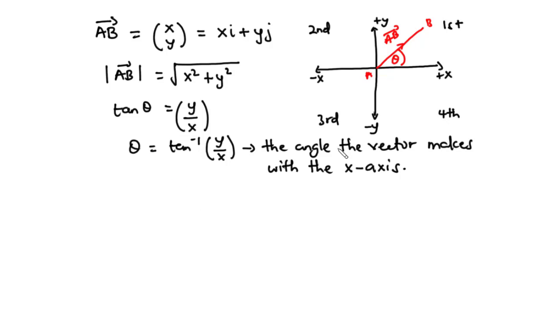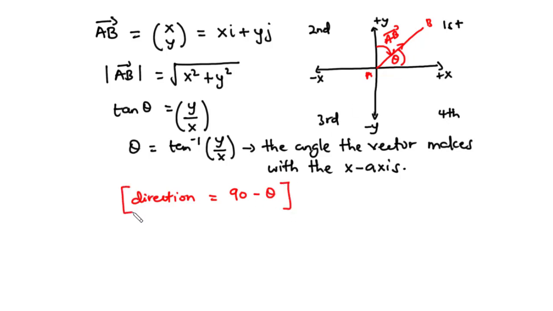Now to find the direction, we take the bearing from the north, that is the positive y-axis, clockwise to the point where the vector is acting along. Because this whole angle is 90 degrees, the direction of the vector from the north is going to be 90 minus the angle theta.